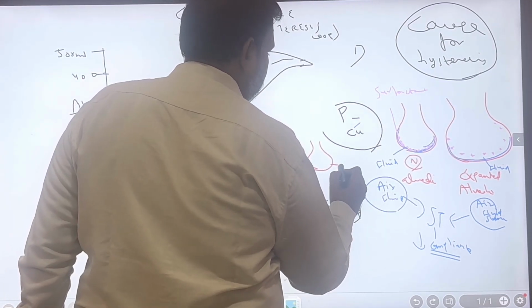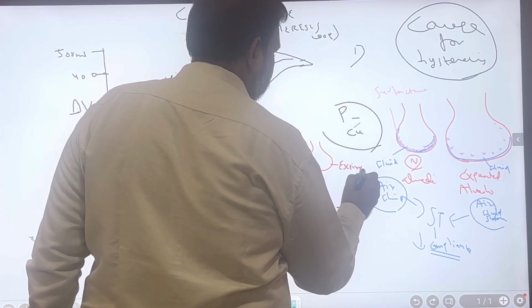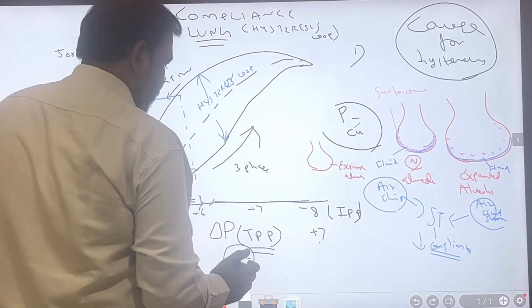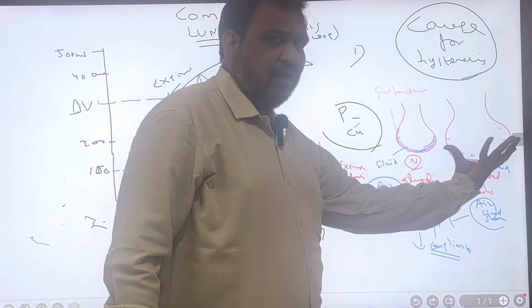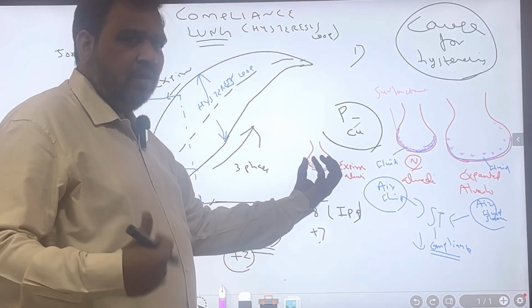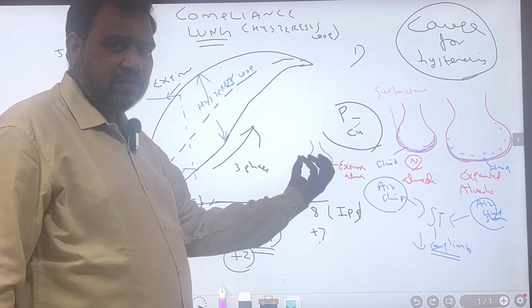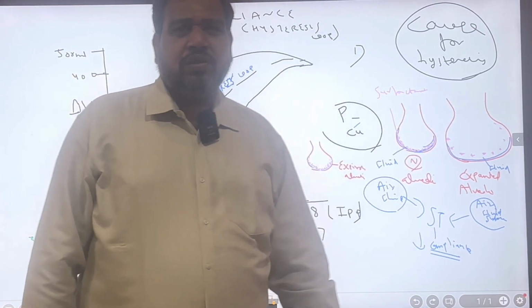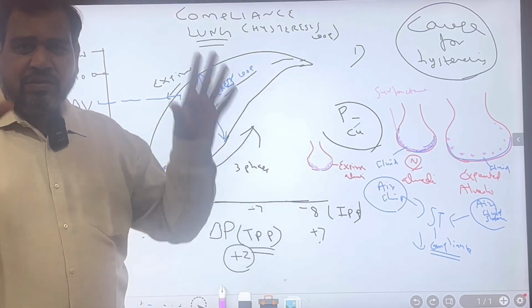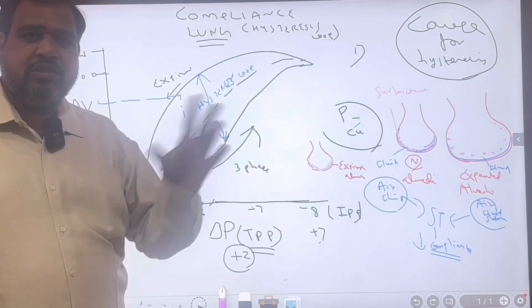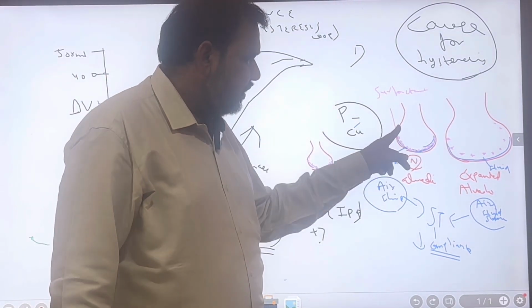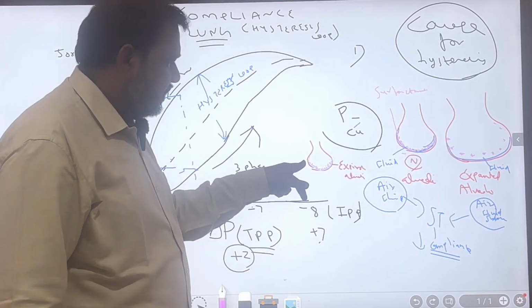This is alveoli after expiration. After expiration, alveoli becomes smaller. Now see here, normal alveoli, expanded alveoli. After expiration, the alveoli size decreases. Now tell me what happens to the surfactant. If you tell this answer, we know the reason for the difference between compliance during inspiration and expiration. Normal alveoli, normal surfactant concentration.